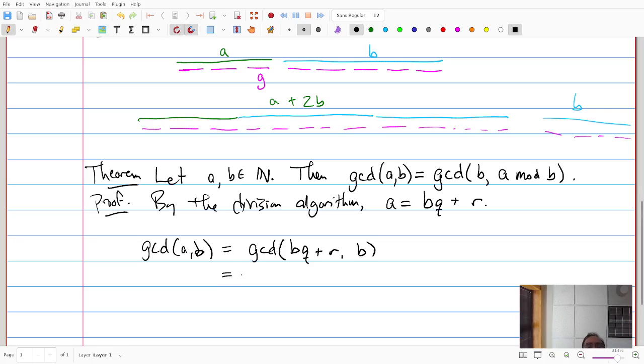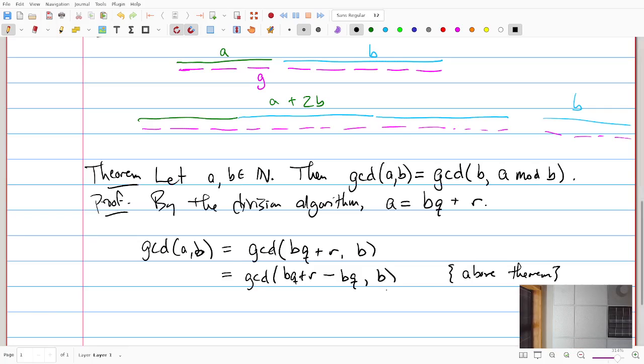which is equal to, this is by the above theorem, GCD of, well, I'm going to say BQ plus R, and then I'm going to subtract some number of copies of B from this. How many copies do I want to subtract? How about Q? That sounds nice.